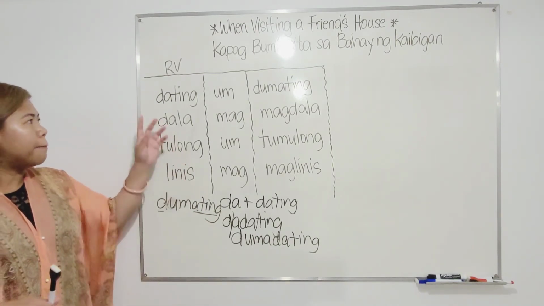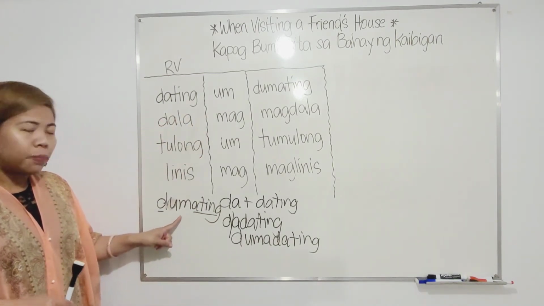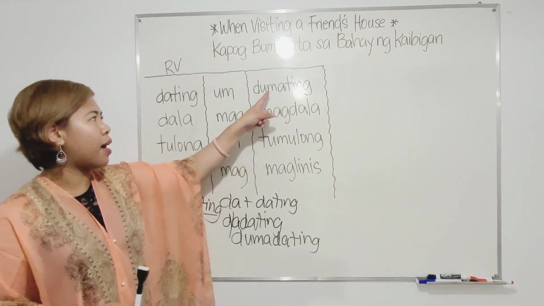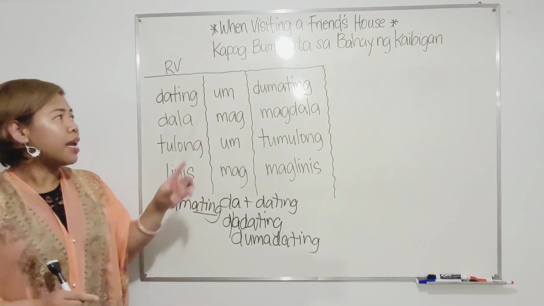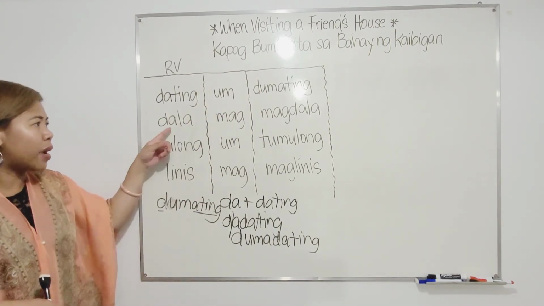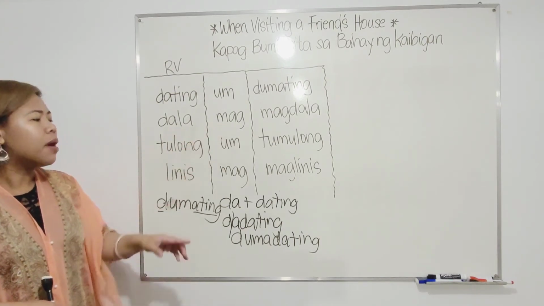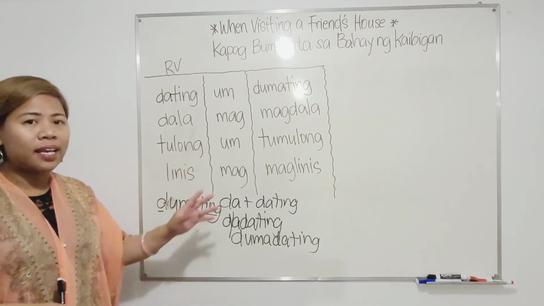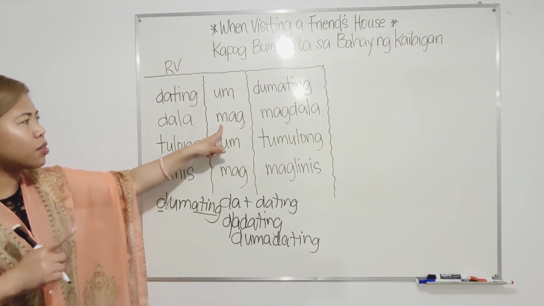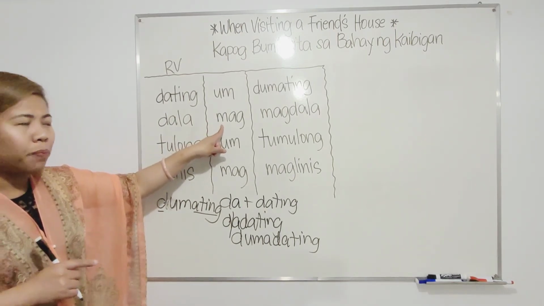So if you notice, the past form of the verb dating is also the same as the imperative form if your verb is an um verb. Now it's different when your verb is a mag verb. But don't worry, this is not as complicated as the um. So for mag, future tense, you are going to use the prefix mag.